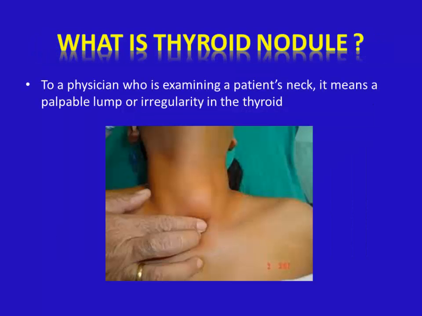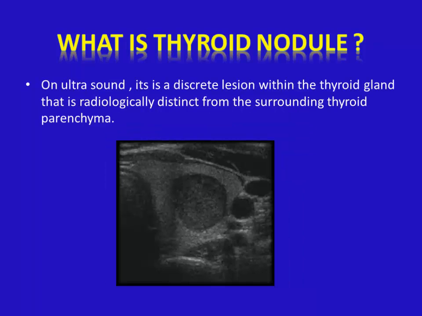So what is a thyroid nodule? For a clinician examining a patient, a thyroid nodule means an abnormality in the form of a lump or irregularity that he can feel by hand. But when we go to the radiological definition of a thyroid nodule, it means that part of the thyroid gland is different from the surrounding tissue, and that's what we call a thyroid nodule, like this hypoechoic nodule seen in this thyroid lobe.